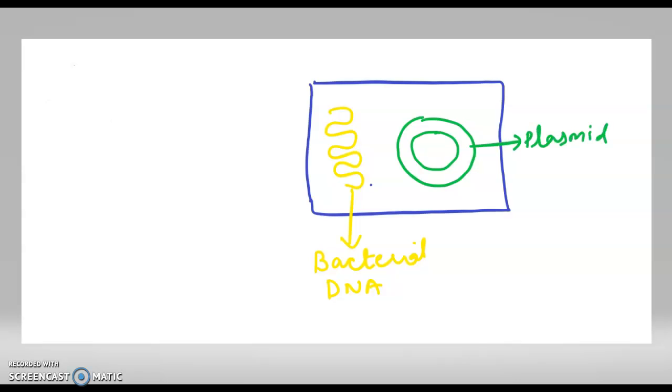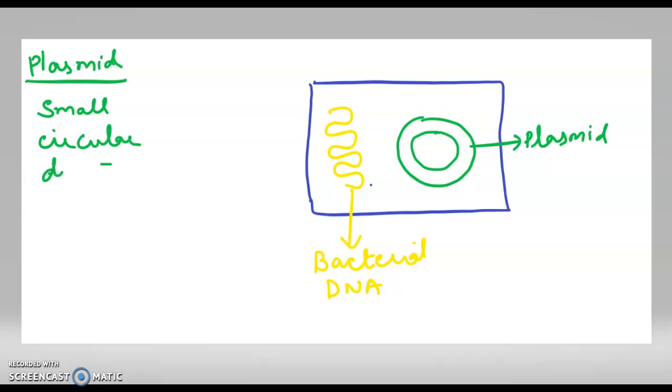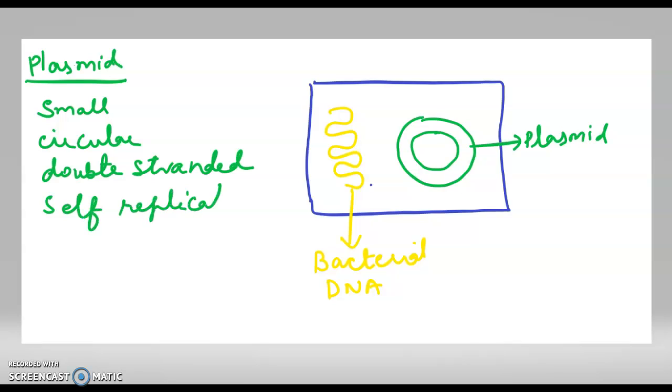If you want to know the nature of a plasmid, then a plasmid is small, circular, double-stranded, self-replicating, and extra chromosomal DNA.